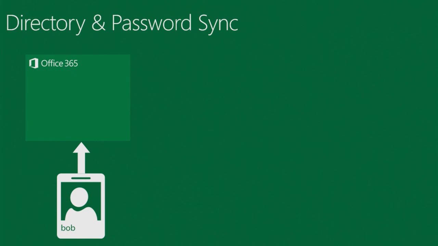You can do all users. You push those users to the cloud so that the end user who's using Office 365 has a full global address list, can email and have all of their emails be SMTP proxied between the cloud and on-premises so that they have a full rich experience. And that starts with directory and password sync.